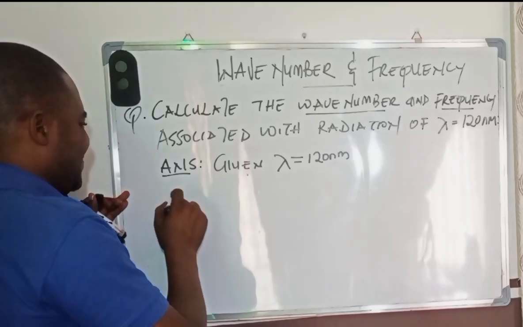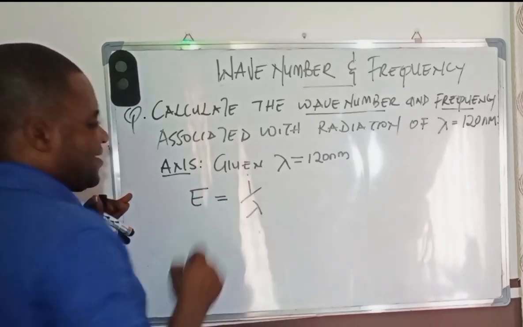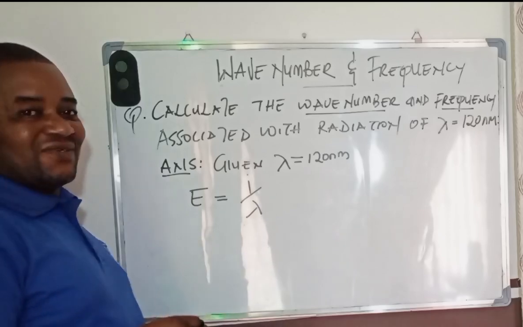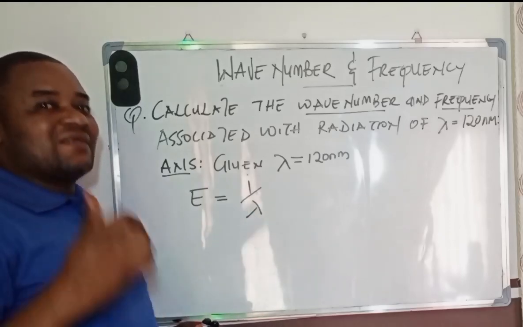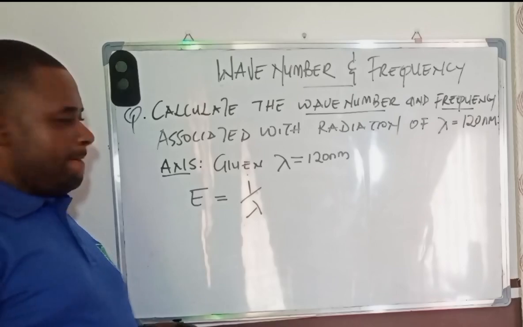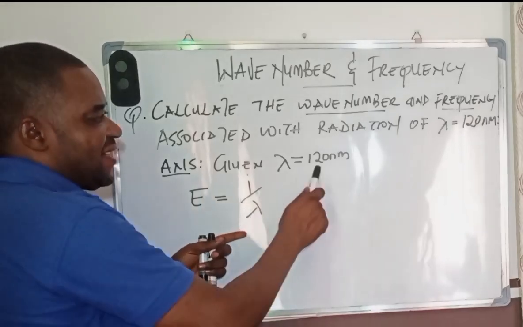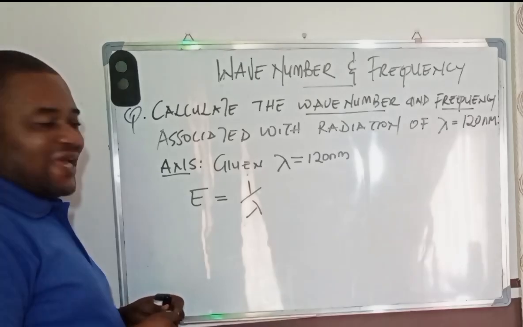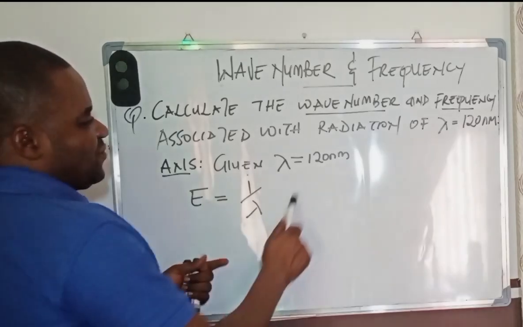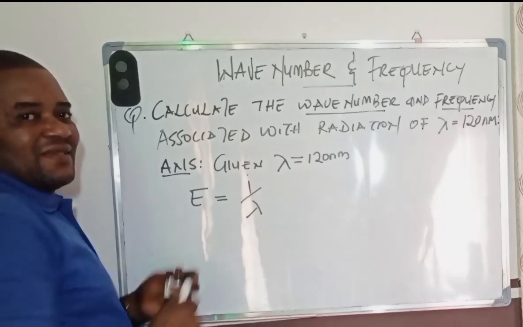The radiant energy equation is given as 1 over lambda. Remember, that was the equation we arrived at if you had watched my previous class on this. And if this is true, then we have lambda given already. We are expected to substitute 120 nm into this equation.